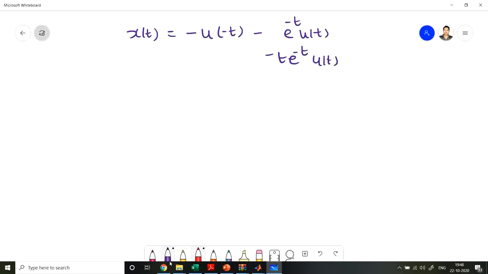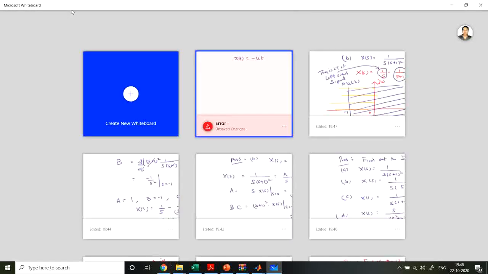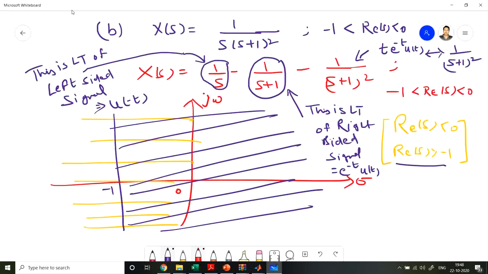I had not written that minus sign in the previous slide, so we have to write the minus sign here.